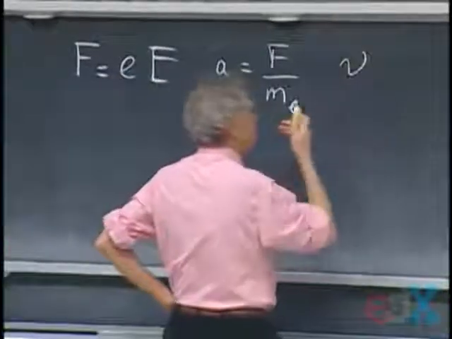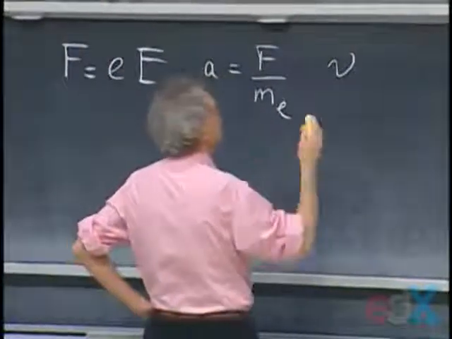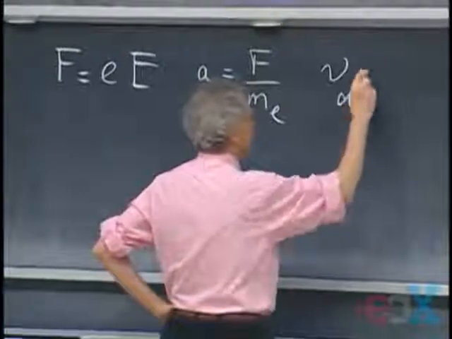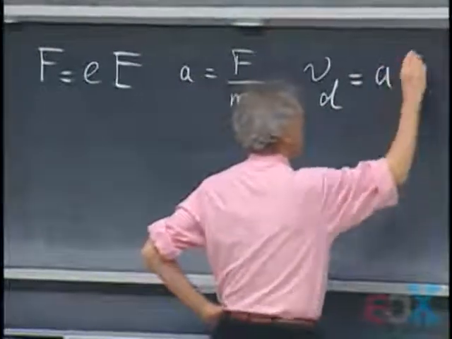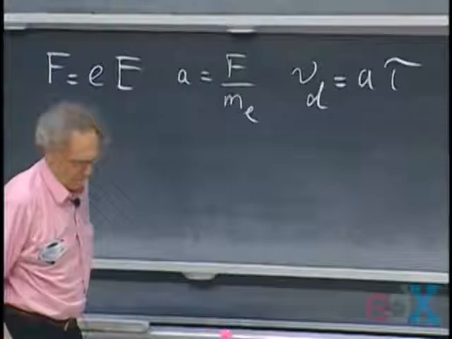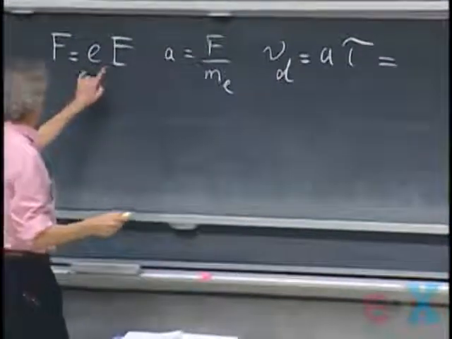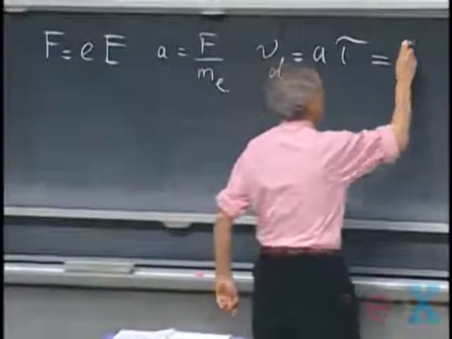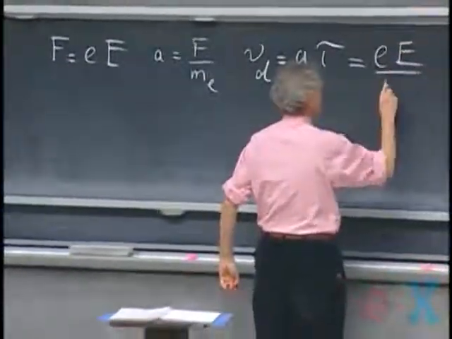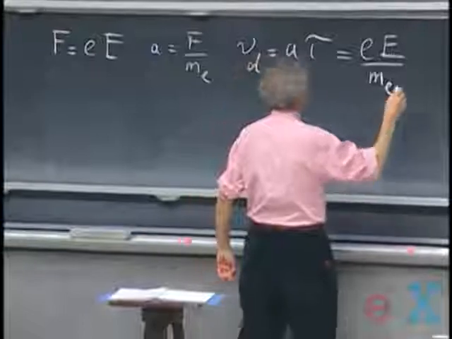And so they will pick up a speed between these collisions, which we call the drift velocity, which is a times tau. And so a equals F divided by m_e, F is eE, so we get e times E divided by the mass of the electron times tau.